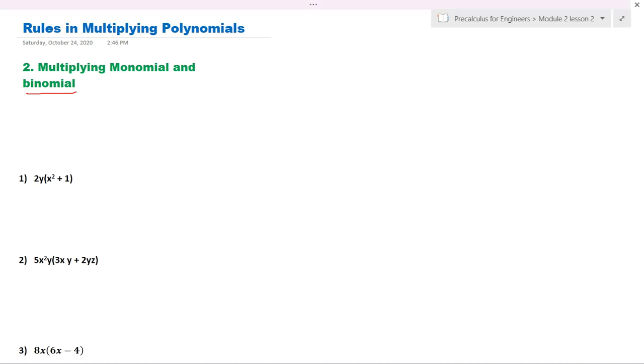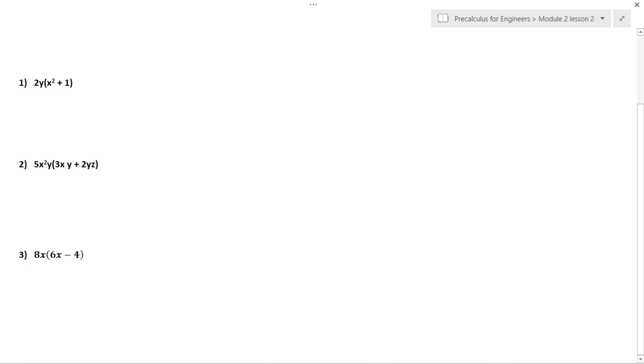So we have here example number 1. For this rule, we only have 3 examples. So let's start with example number 1. In this case, as I have told you, distribute this monomial 2y to each term inside the binomial. So let's distribute, and don't forget the sign. So 2y times x squared plus, again, 2y times 1.